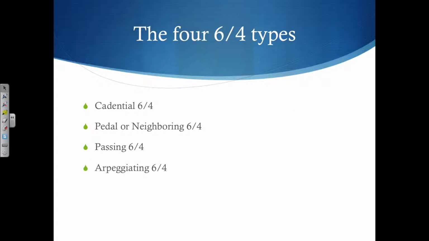The 6/4 types that you know are the cadential 6/4, the pedal, also known as the neighboring 6/4, the passing 6/4, and the arpeggiating 6/4. I'll spend very little time on the arpeggiating 6/4, mainly because of its obviousness. But it's good to get a solid understanding and familiarity with these terms: cadential, pedal, and passing.